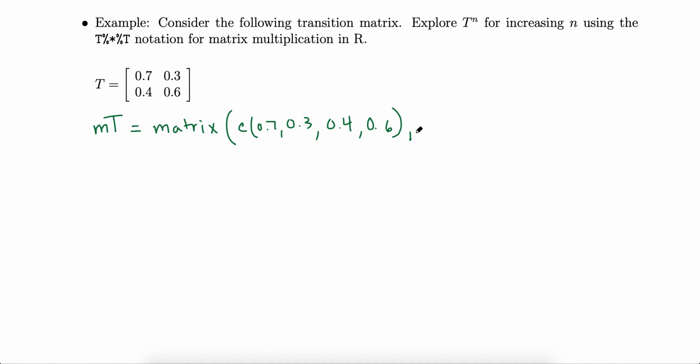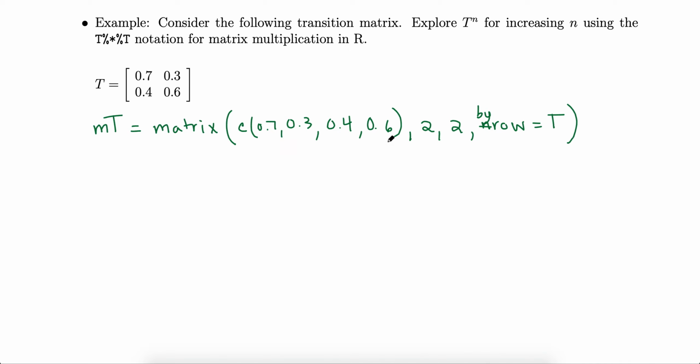Tell it the size of your matrix, so 2 rows by 2 columns, and I'm going to say byrow equals TRUE. Otherwise, it will think you entered this by columns, 0.7, 0.4, 0.3, 0.6, which I did not do.